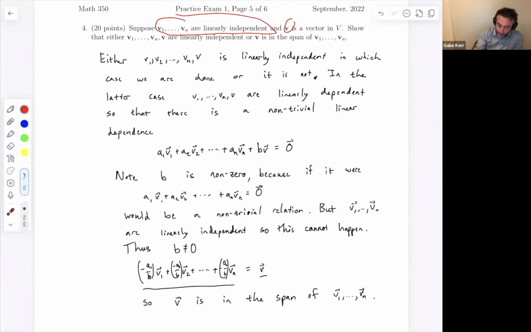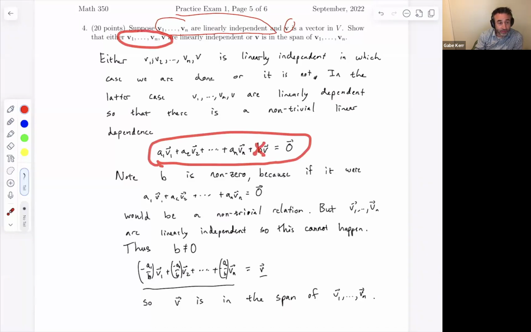So, let me summarize. We said one of two things happens. When we look at this set of vectors, either it's linearly independent, we're done, or it's not. If it's not linearly independent, then this collection of vectors is dependent, which gives us a non-trivial linear relation. We rule out the case of B being 0 through this argument.